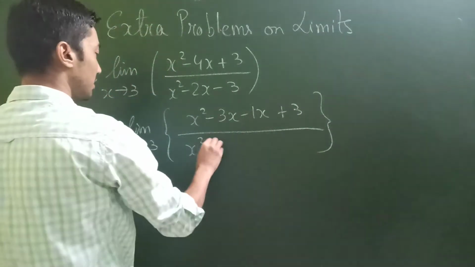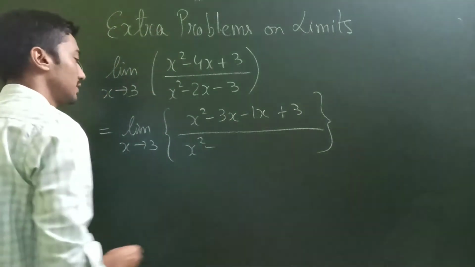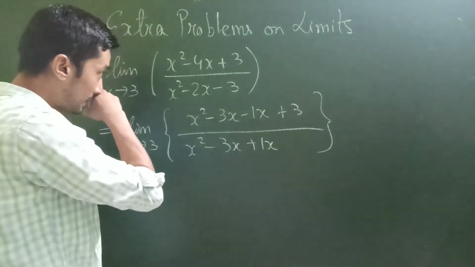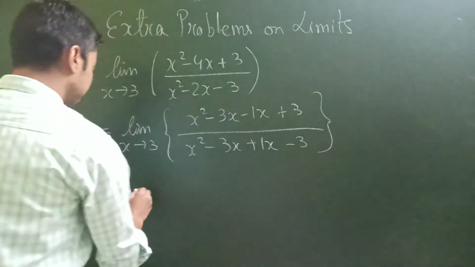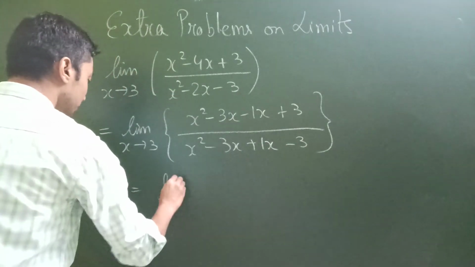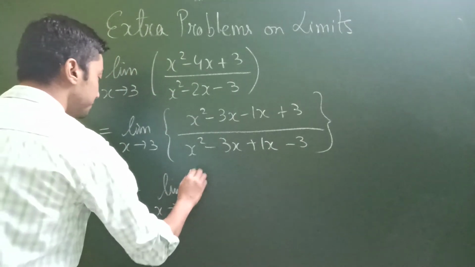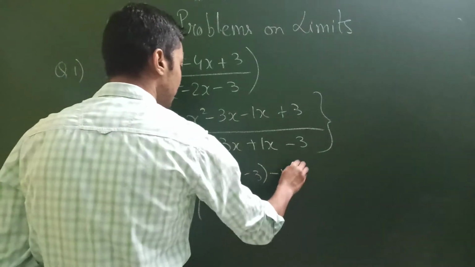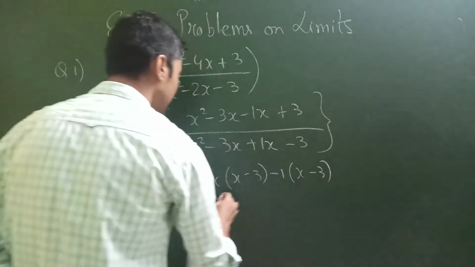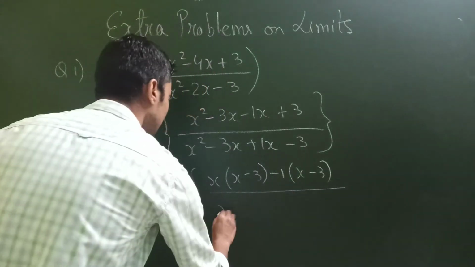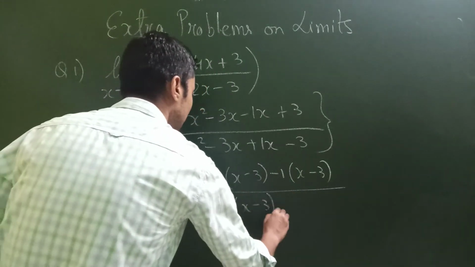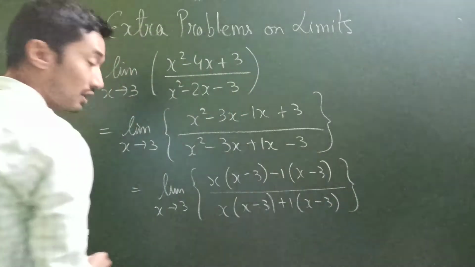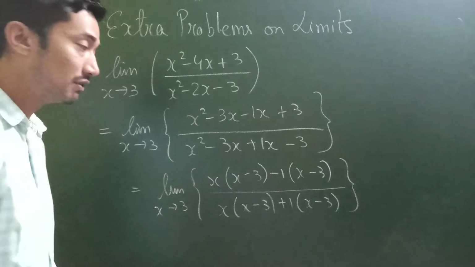Similarly here, x square minus, 3 ones are 3, so I can have minus 3 plus 1, that will be minus 2, minus 3. So the limiting value as x tends to 3 of (x common, x minus 3 minus 1, x minus 3), all divided by (x minus 3 plus 1, x minus 3). Please do not forget the concepts of mathematics, okay? It's very, very important.